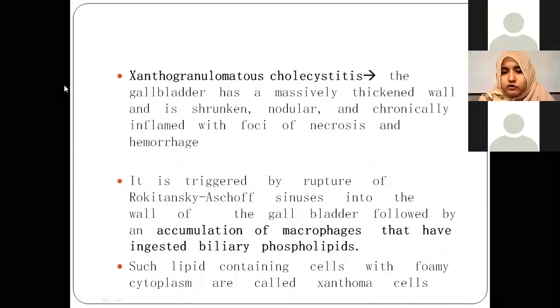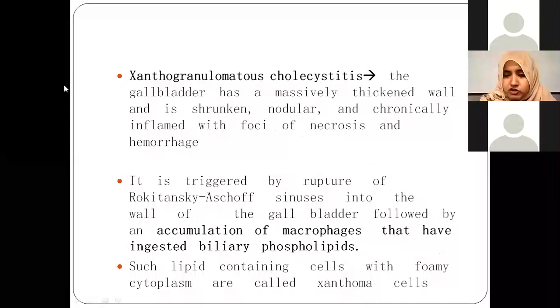Now, the xanthogranulomatous cholecystitis: the gallbladder has a massively thickened wall and is shrunken, nodular, and chronically inflamed with foci of necrosis and hemorrhage. This xanthogranulomatous cholecystitis happens with chronic cholecystitis. You have seen the picture, this one.